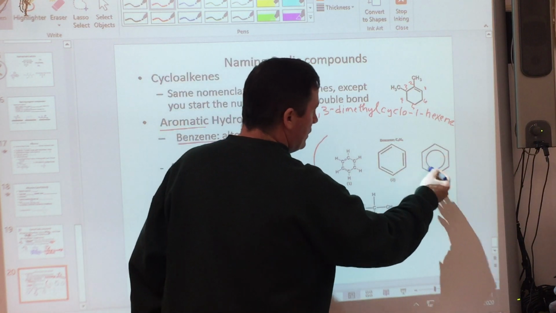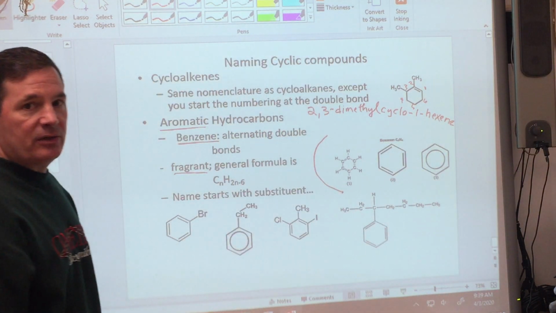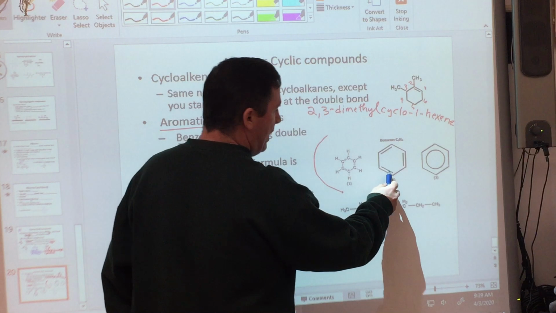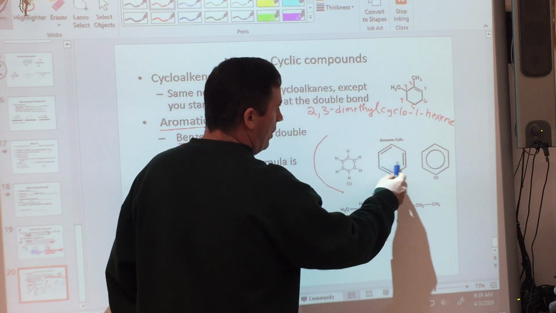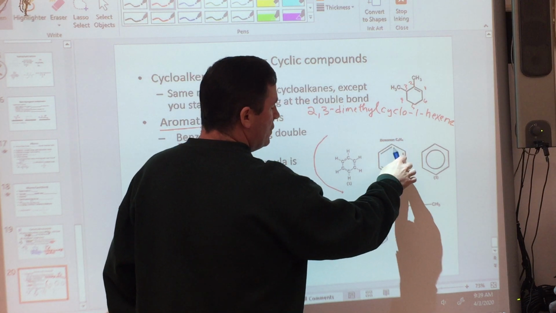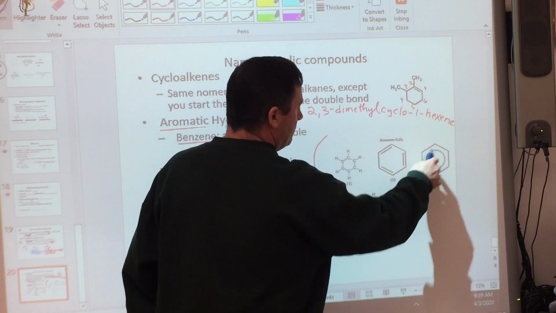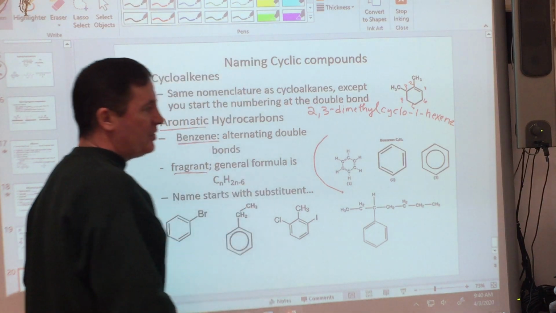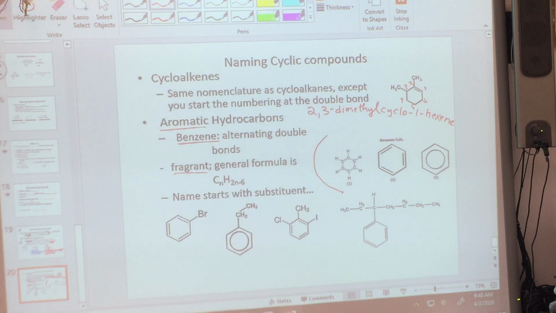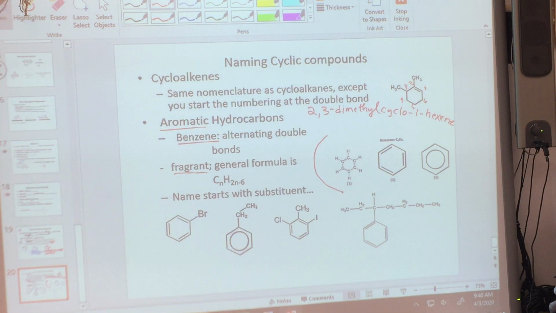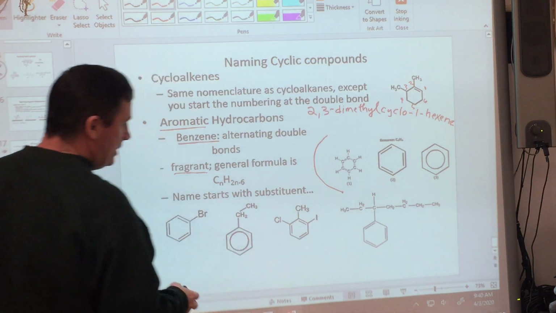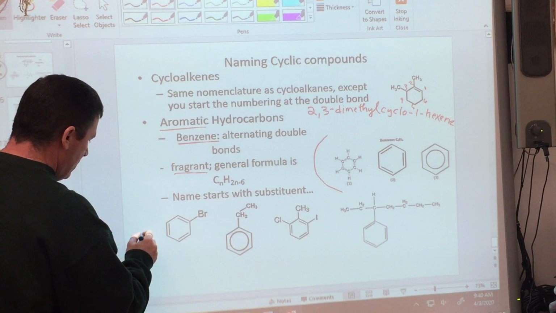And sometimes you'll even see it written with a circle in the middle. And the reason for that is these bonds could be opposite each other, and they're shifting as well. So because of that, they will just draw a circle indicating that it is specifically benzene, that those bonds will shift around.